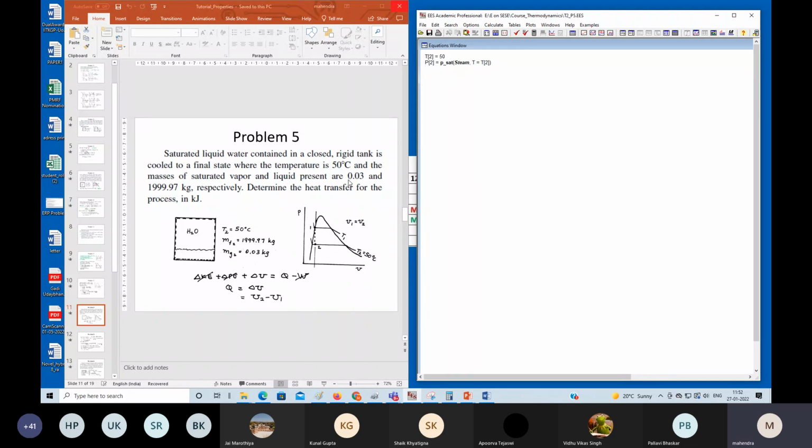This amount of mass is saturated vapor, and the rest of the mass is, this is actually 2000 kgs total mass. In the 2000 kgs, at point 2, it was 0.03 kg of steam, and the rest is still water. That's what we can consider, x2 equal to 0.03 divided by 2000.